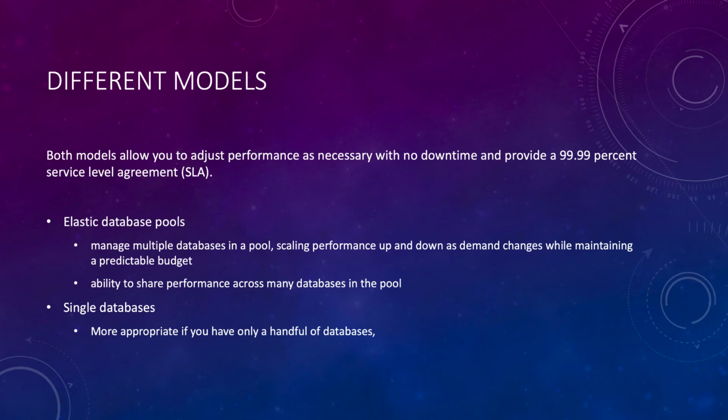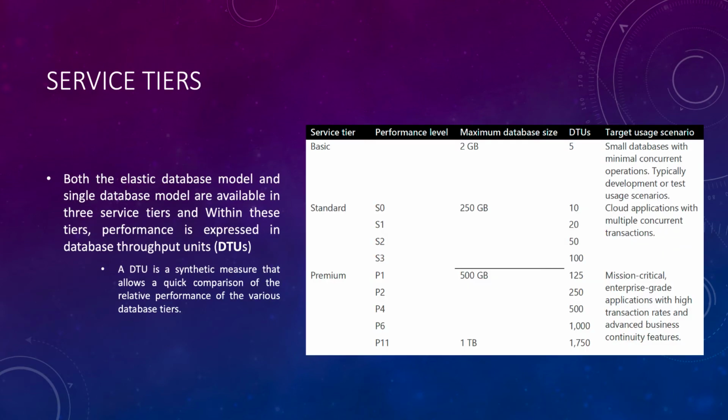Both models allow you to adjust performance as necessary with no downtime and provide a 99.99% service level agreement as Azure provides. Both the elastic database model and single database model are available in three service tiers: basic, standard, and premium. Within these tiers, performance is expressed in database throughput units, or DTUs.